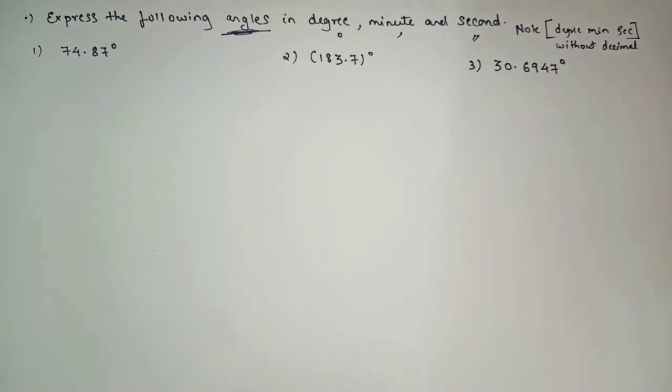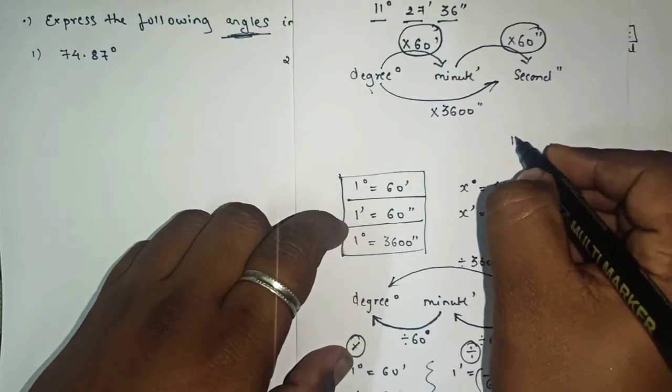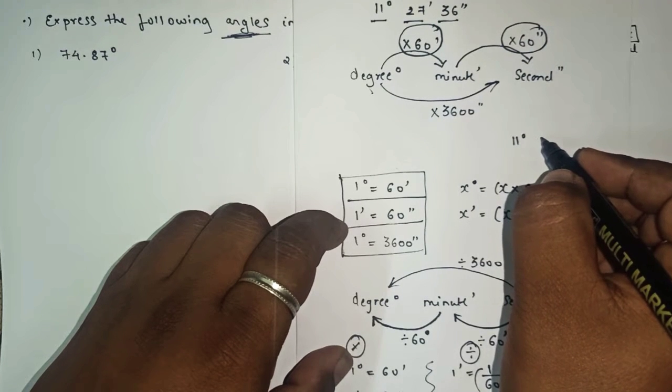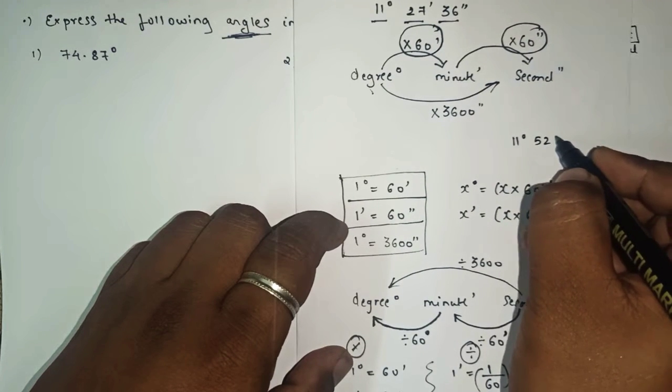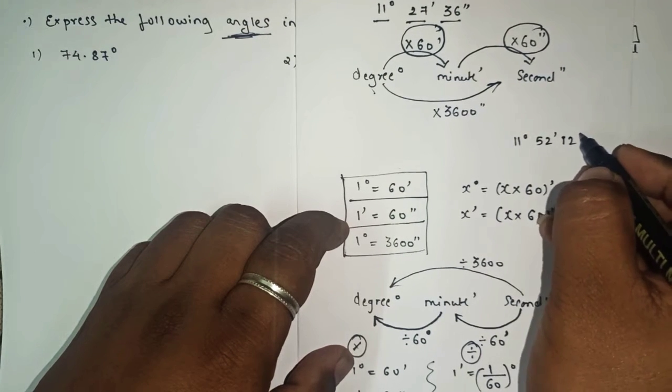So whatever answer you are getting, the final answer should be without decimal, which means a perfect answer. For example, 11 degree 52 minute 12 second.